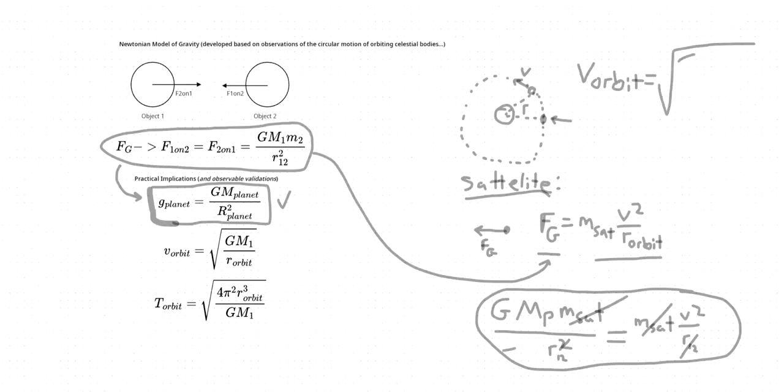Big G, mass of a planet, and the orbital radius. So we've now used our catalog of forces definition of big G gravity to derive this equation for an orbital speed, and it does indeed match what we said it would be.